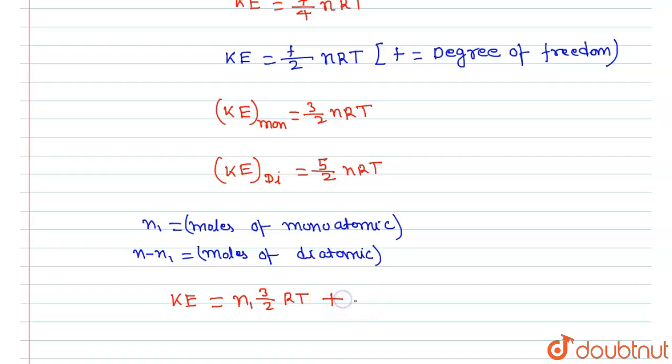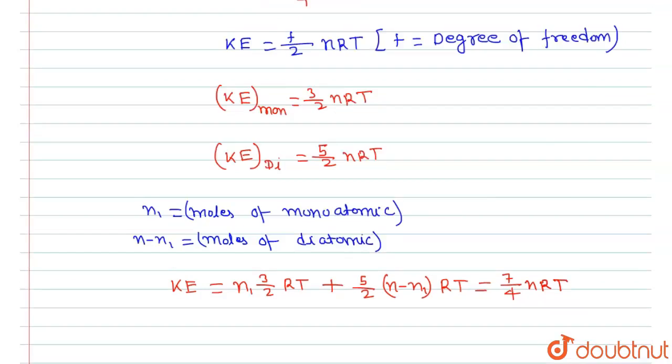Similarly, plus for diatomic, the degree of freedom is 5, so 5 divided by 2, and the number of moles is n minus n1, into RT. The total is equal to 7 by 4 nRT.